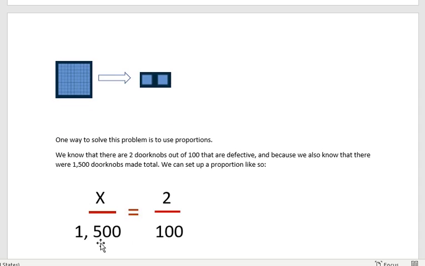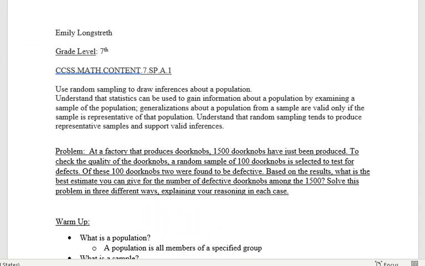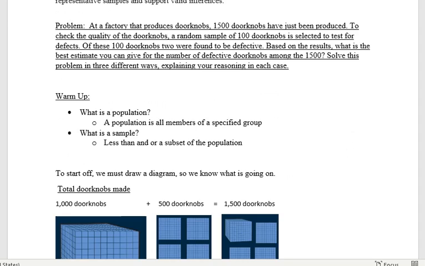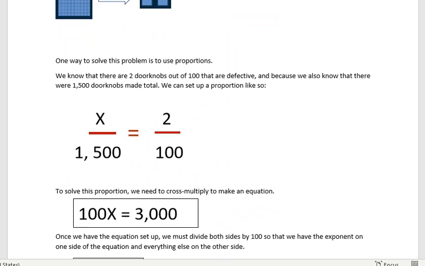X over 1,500 equals 2 over 100. This is proportional because it's random sampling, and as the Common Core State Standard says, generalizations about a population from a sample are valid only if the sample is representative of that population. And because our 100 doorknobs is representative of the total, we know that this proportion will work.